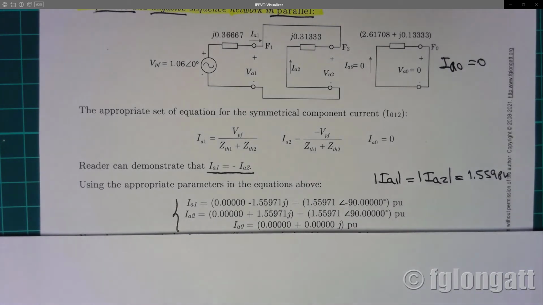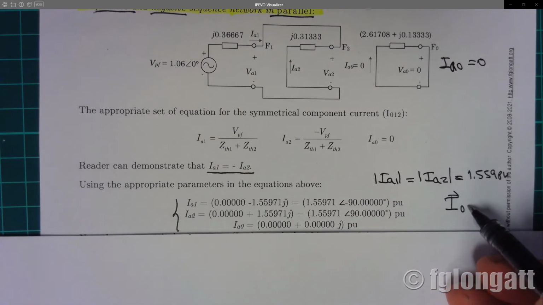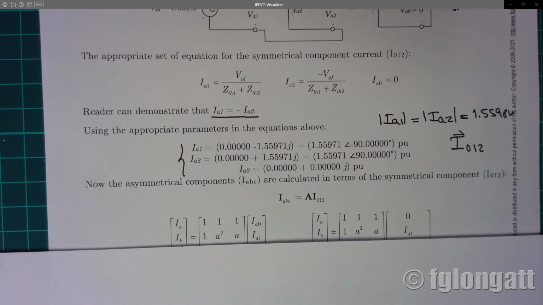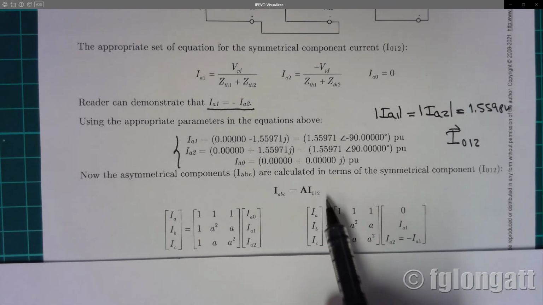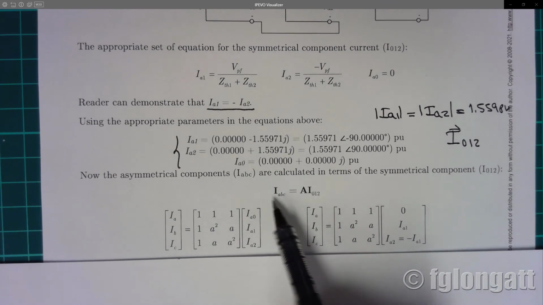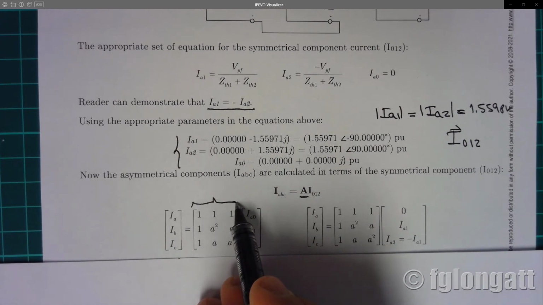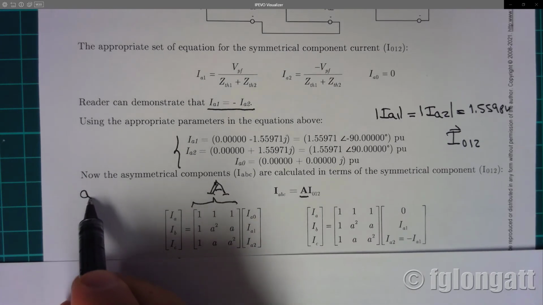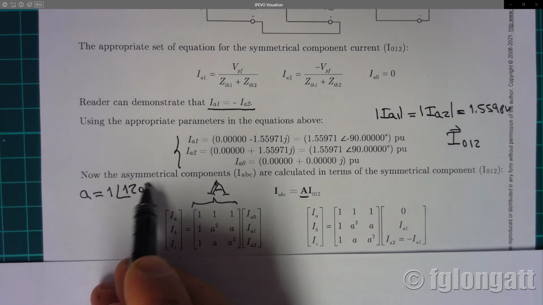What we need to do is, these are the currents for positive, negative, and zero sequence, and we need to translate that into ABC. To transform 0, 1, 2 into ABC, we use this matrix A, and that is the transformation matrix. That is this matrix over here, okay? This is the matrix A, and you must remember that a, lowercase, is 1 at 120 degrees.